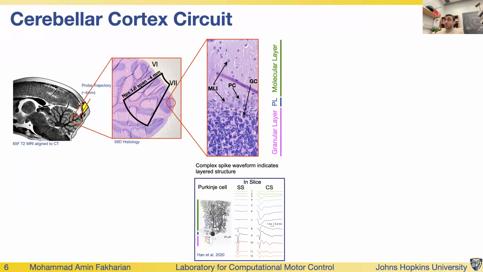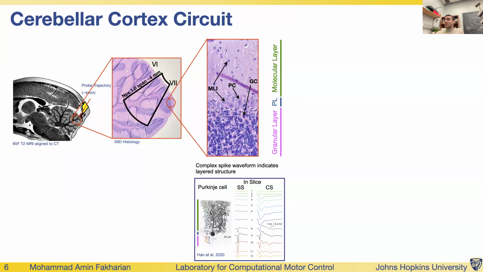And as many of the audience know here, the cerebellar cortex has a 3-layer structure: the molecular layer, the Purkinje layer, which has the Purkinje cells, which are the output neurons, and the granular layer with plenty of granule cells in that area. So we have electrophysiology, and we have multi-contact probes.